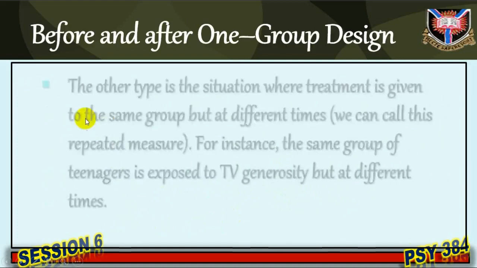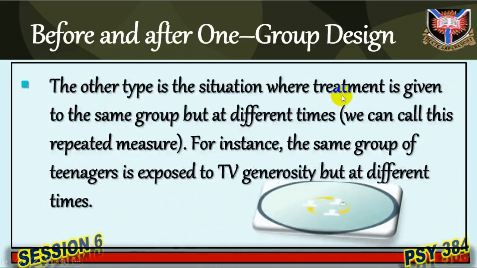The other type is a situation where treatment is given to the same group, but at different times. We can call this repeated measure. For instance, the same group of teenagers is exposed to TV generosity, but at different times.